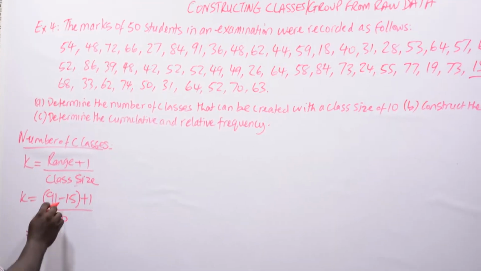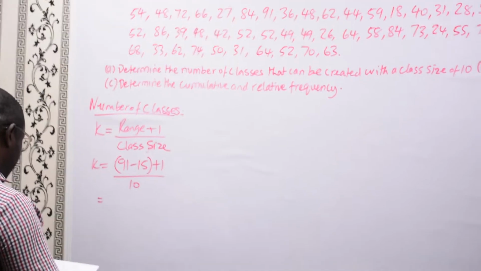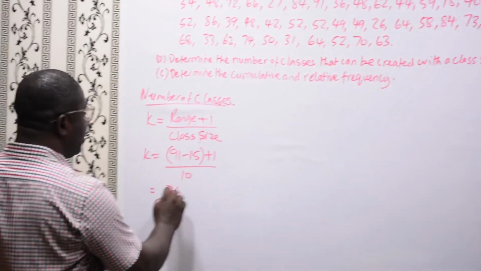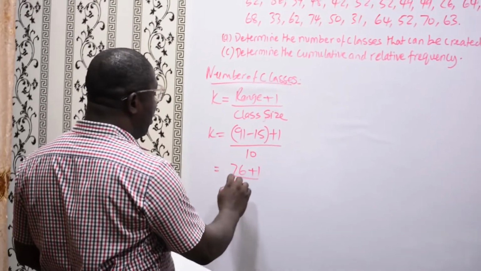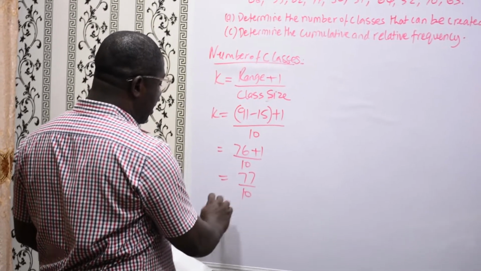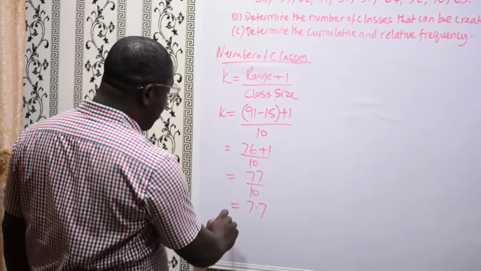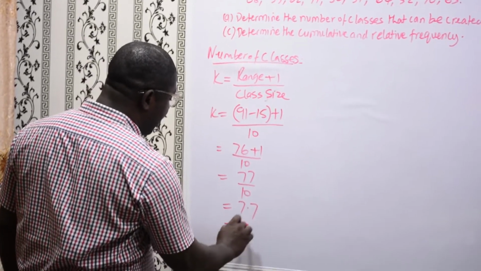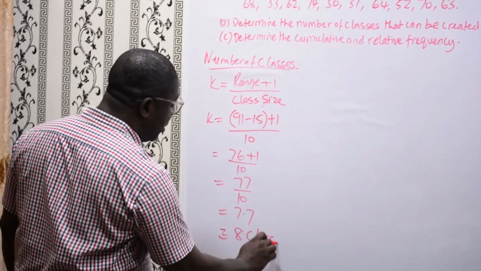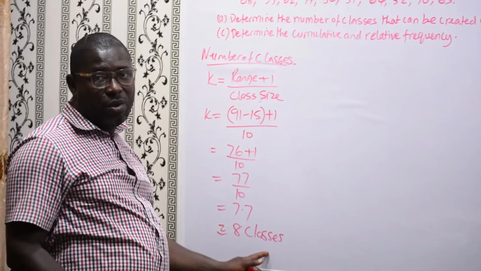So 91 minus 15 will give us 76. So 76 plus 1 divided by 10 will give us 77 divided by 10. That gives us 7.7. So the number of classes we are going to create is 8. Approximately 8 classes. We are going to create 8 classes from what we have.